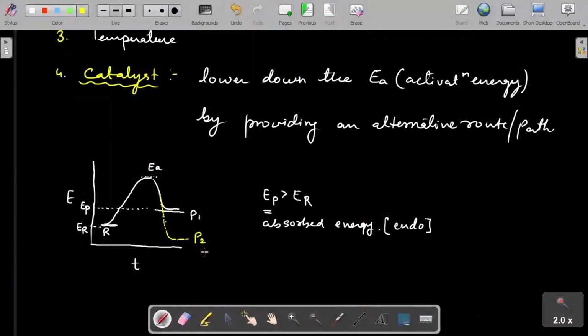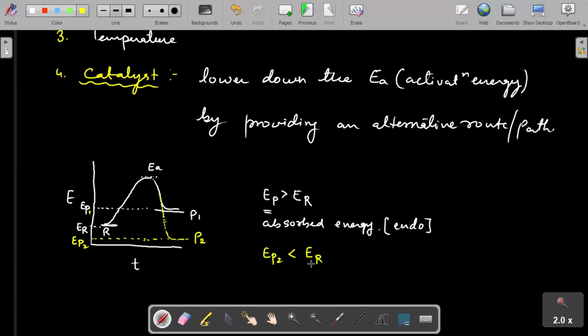In product 2, let me call this EP2, and this is EP1. EP2 is smaller than the energy of the reactant.